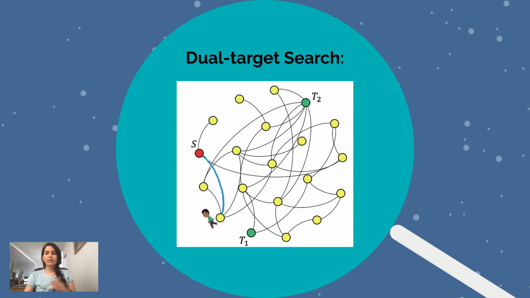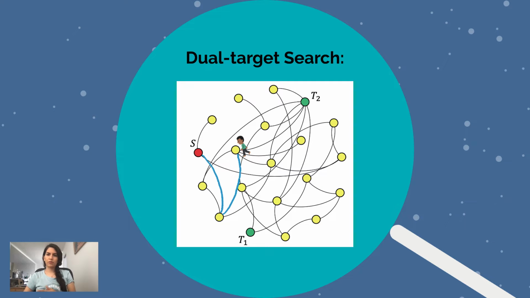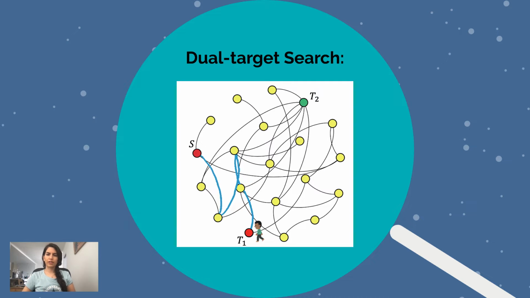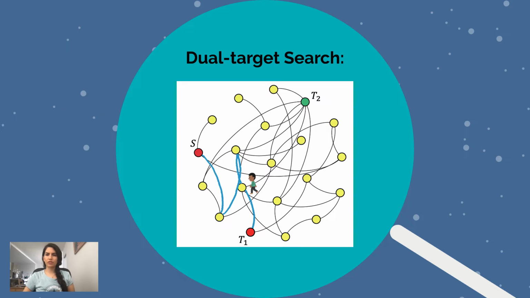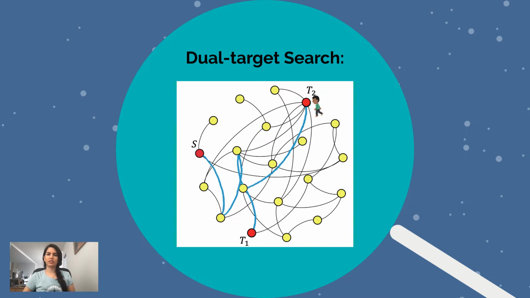The wide and common requirements for the simultaneous search for multiple targets in many fields such as chemistry, biology, and social interactions is what motivated us to study a dual target search under the scope of the partial cover time problem.